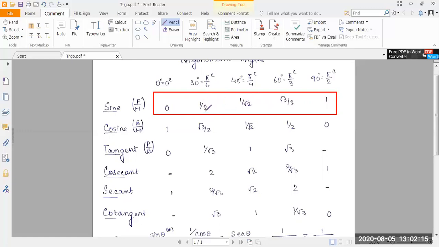So if 2 is greater than root 2, then half should be less than 1 by root 2. So half is greater than 0. 1 by root 2 is greater than half. Needless to say, it's very obvious that root 3 by 2 is also greater than 1 by root 2. Finally, 1 is the greatest of them.